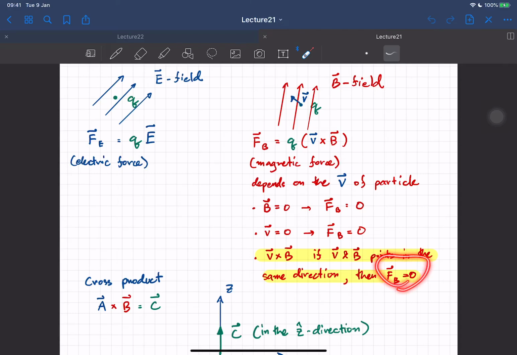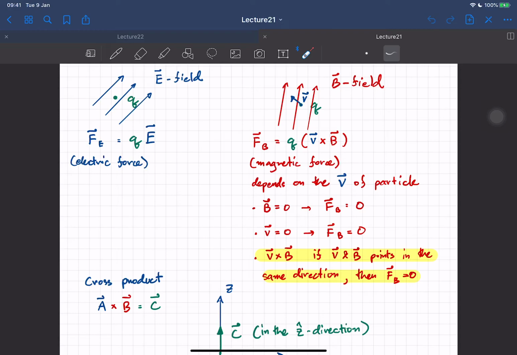So the magnetic force will also be 0. And that's also quite surprising because no matter how strong the magnetic field is, no matter how fast the particle is moving, if they point in the same direction, then the cross product will be 0. So there's no magnetic force.